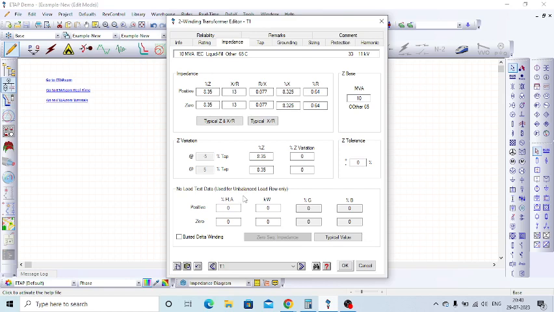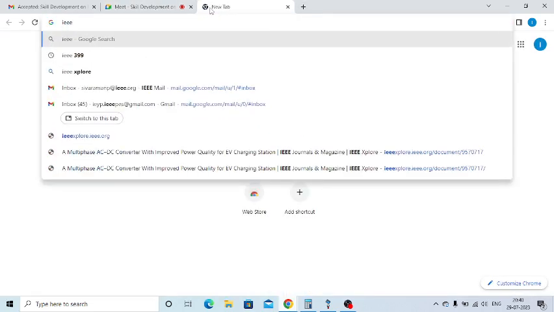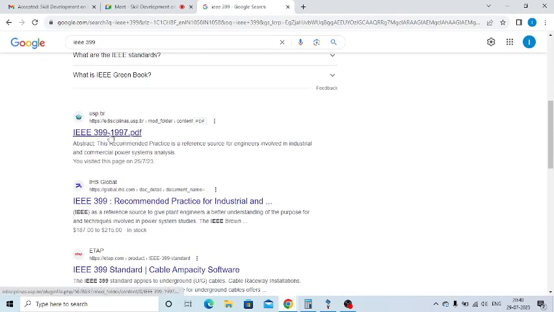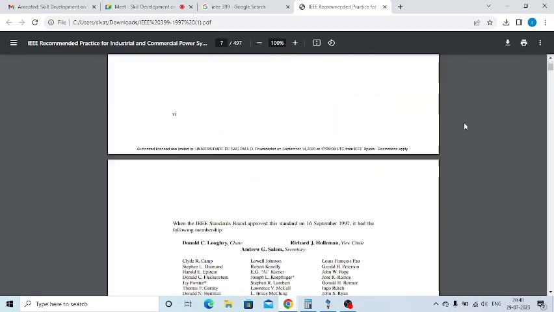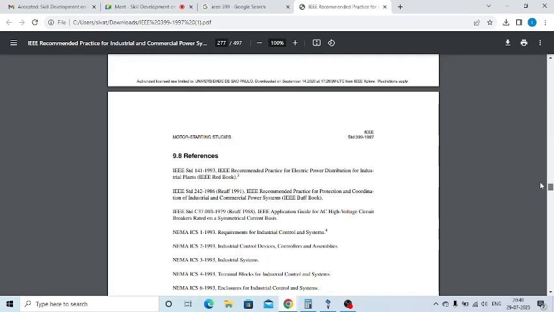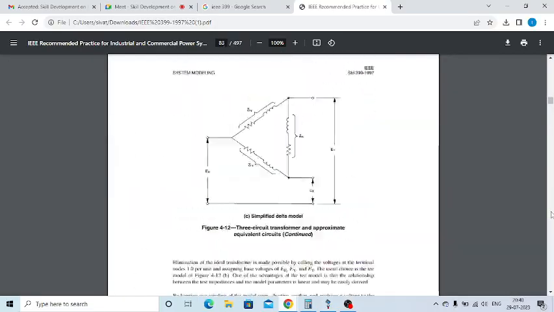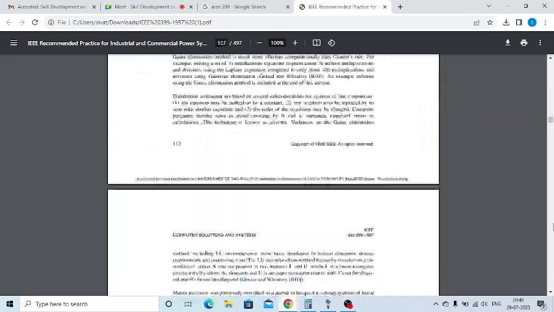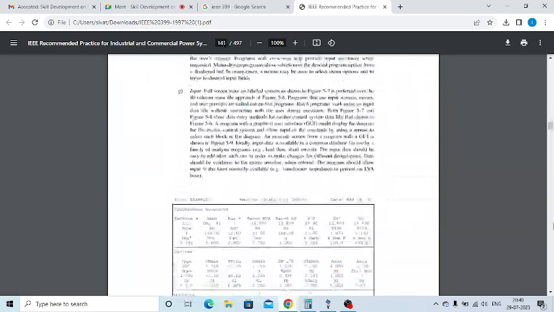And one more thing regarding the load flow analysis: in the last session I opened the IEEE standard 399. In this standard, some theoretical information about power system analysis is available.